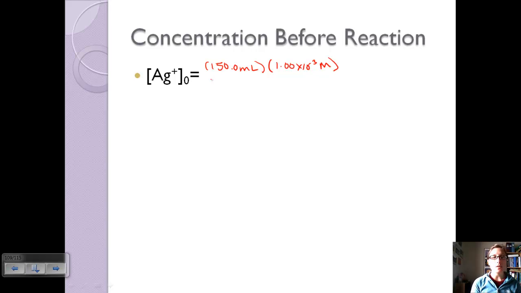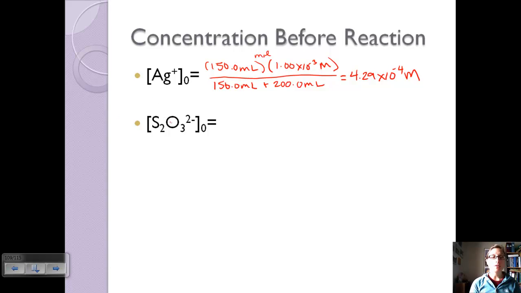And then if we take that over our total volume, so here we're finding the number of moles, and we're going to take it over the total volume to get molarity. So our total volume was 150 milliliters from the silver, plus, I believe we had 200 milliliters of our sodium Na2S2O3. So 200 milliliters there. And that should give us 4.29 times 10 to the negative 4 molar. So that's our initial concentration of our silver.